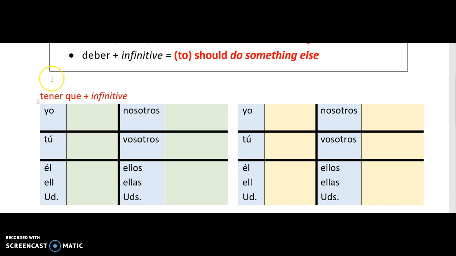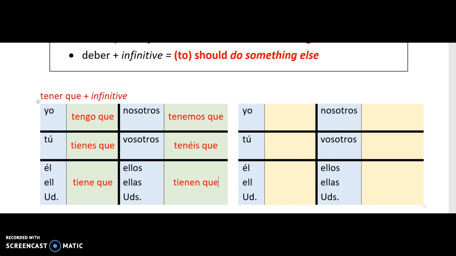So you already know how to conjugate tener, so it's pretty simple. Tengo que. Tienes que. Tiene que. Tenemos que. Tenéis que. Tienen que.